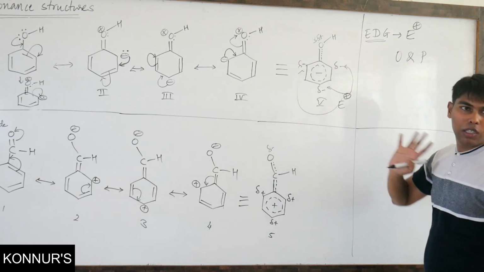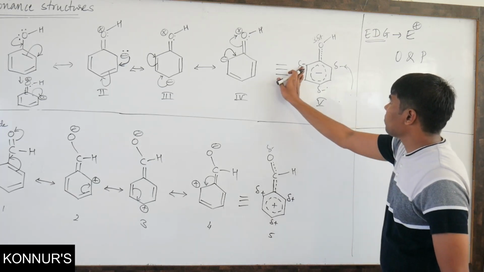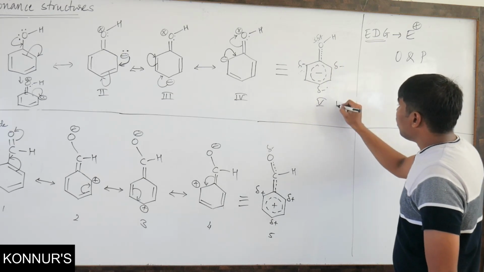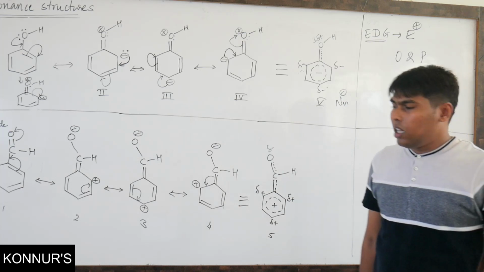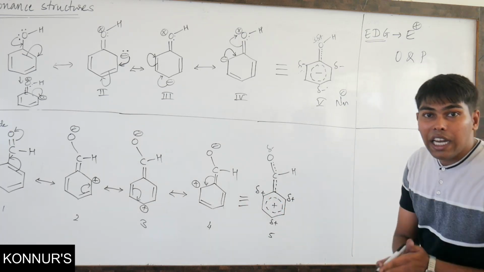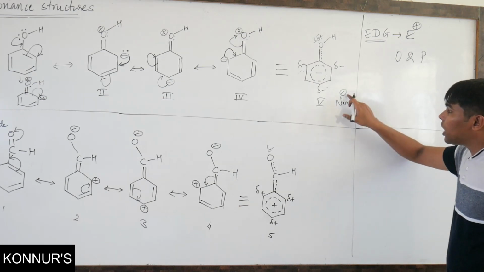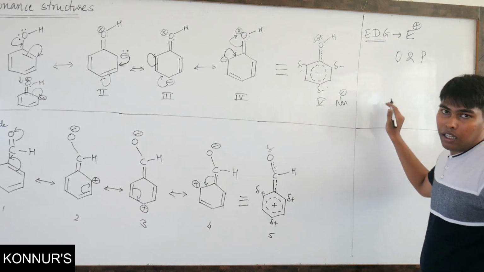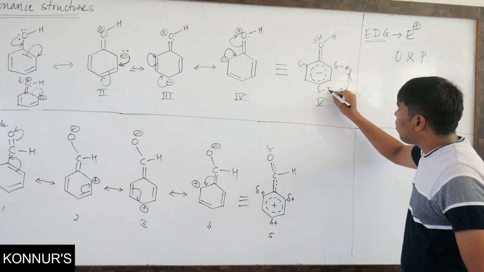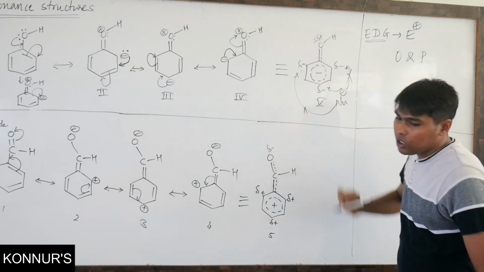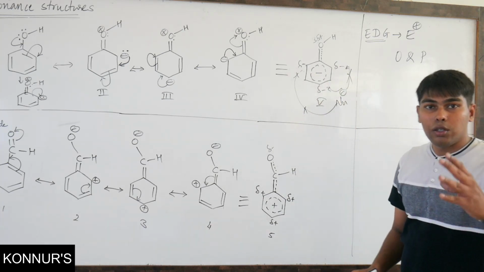Ortho and para positions. If, let us suppose, nucleophilic substitution is there, that kind of examples are very rare in nature. Let us discuss that also. Okay, nucleophile. A nucleophile is an electron rich center, and this will not attack ortho and para positions, because ortho and para positions are also electron rich.